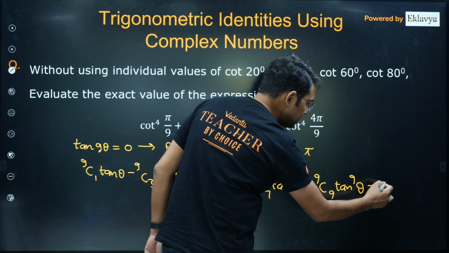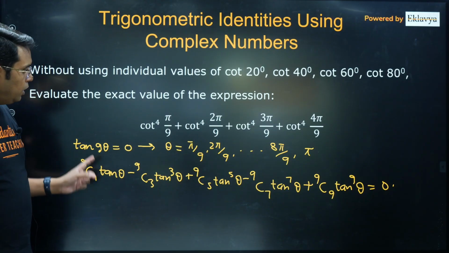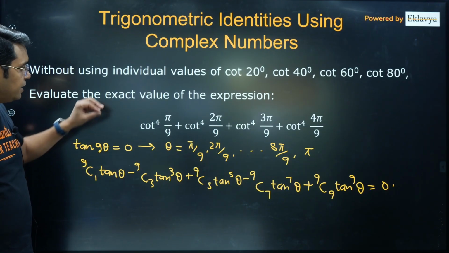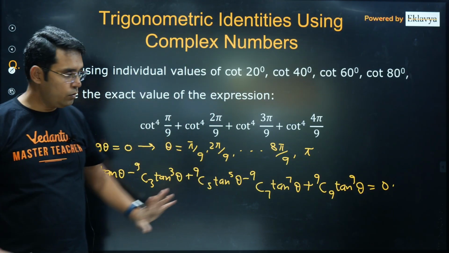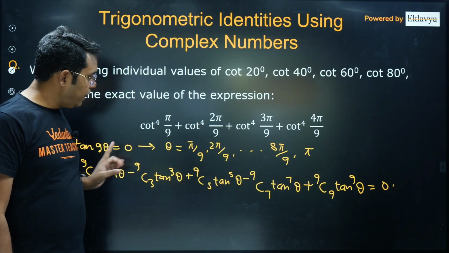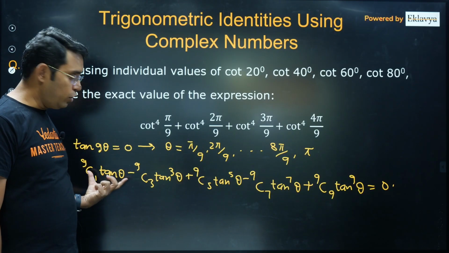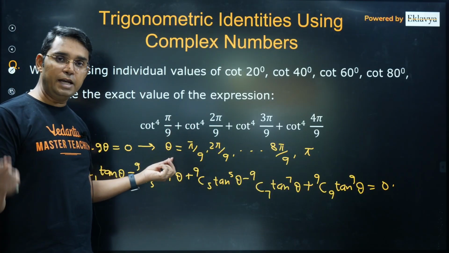Now you can see it is a 9-degree polynomial, and it will have 9 roots as tan pi by 9, tan 2 pi by 9, and so on. Here tan pi is not needed. In fact, tan pi is coming because of the factor of tan theta. You could have said tan pi, or you could have said tan 0 also.